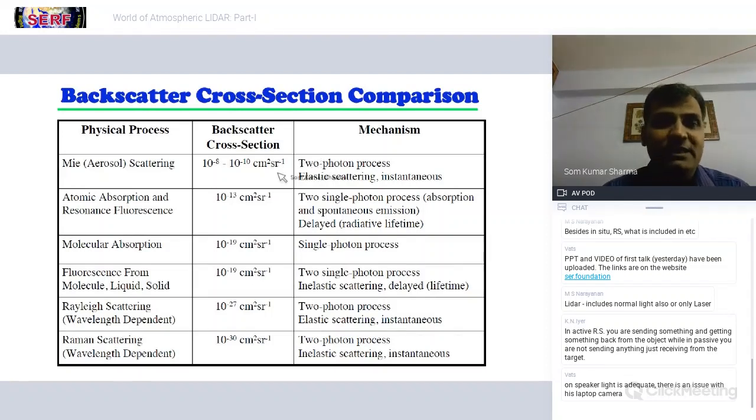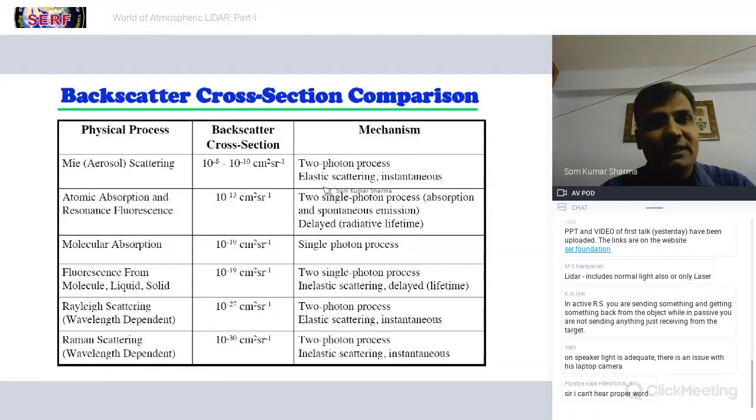So you can say it is relatively big. The mechanism for Mie scattering is a two photon process, and it is elastic scattering and instantaneous.